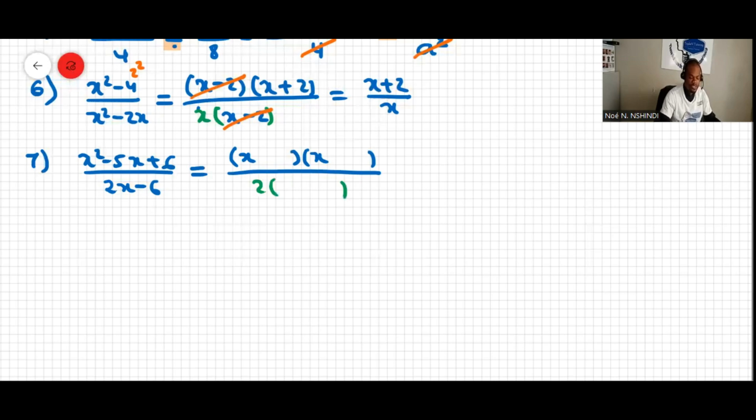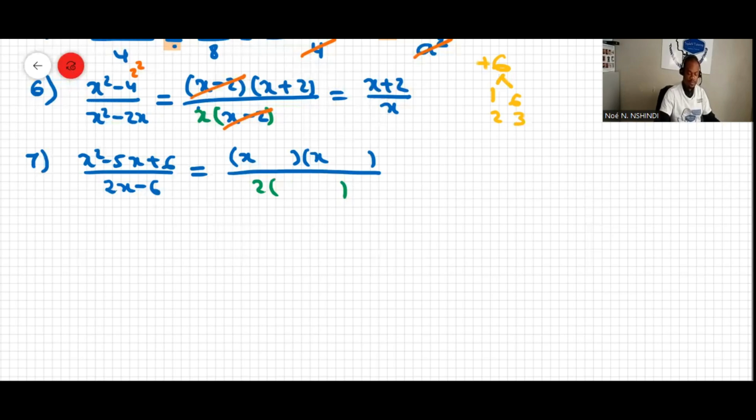Now at the numerator, we will consider 6. The last term is 6, and we're going to list all the factors of 6. They are 1 and 6, 2 and 3. Then ask ourselves, how can we get a positive 6 and a negative 5 with these terms?